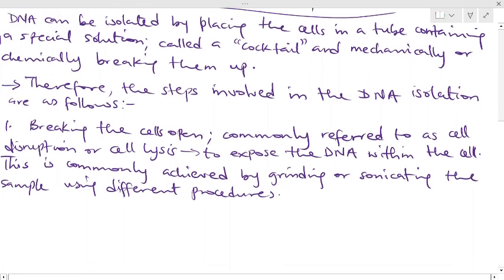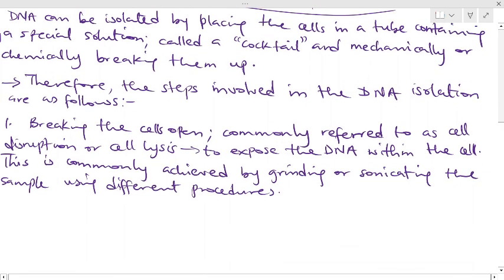Step number two in isolating DNA from the cell is removing membrane lipids.